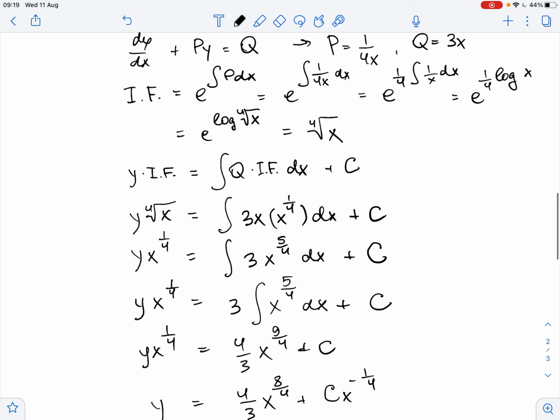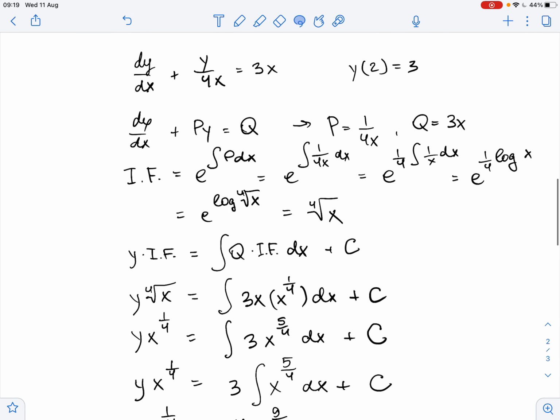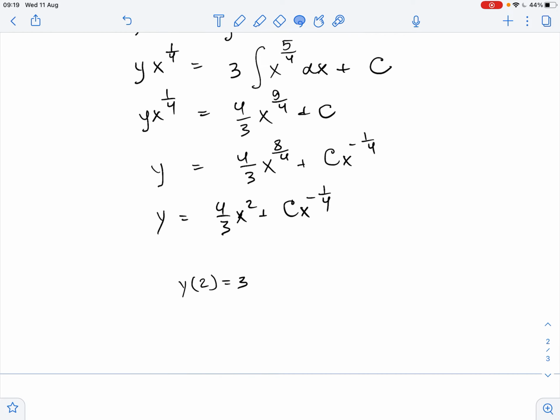Now let's substitute given y and x values in order to find constant c. So we get that 4/3 times 2 squared plus c times 2 to the power of -1/4 equals 3.